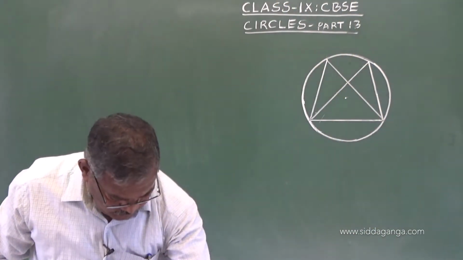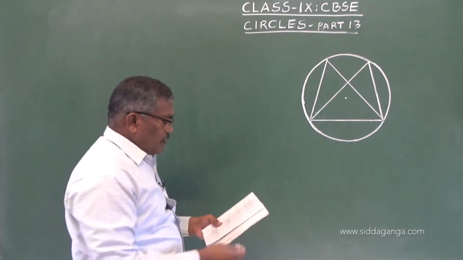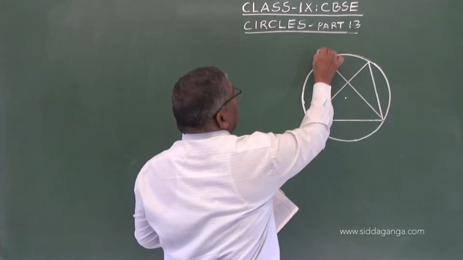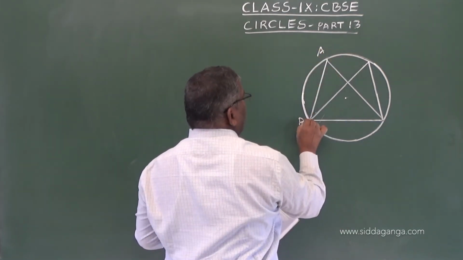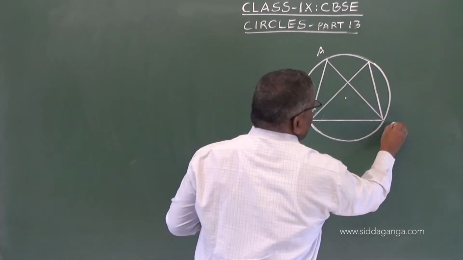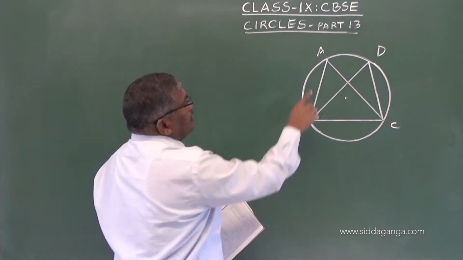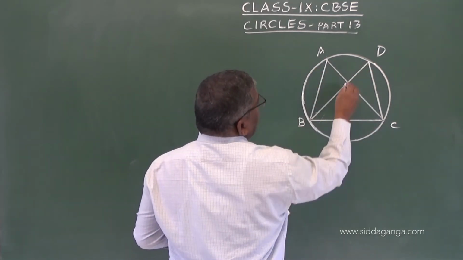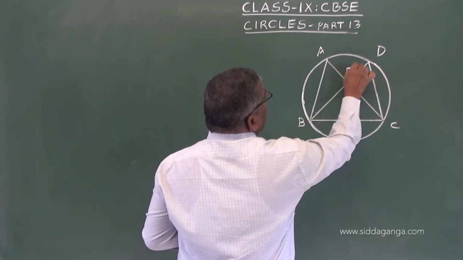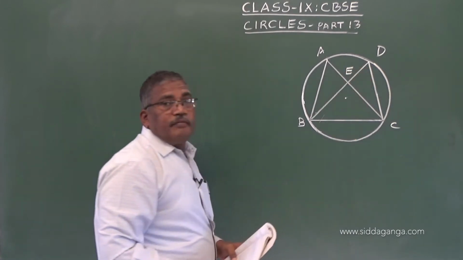This is ABCD as given in the textbook, and these two lines AC and BD are intersecting at E.